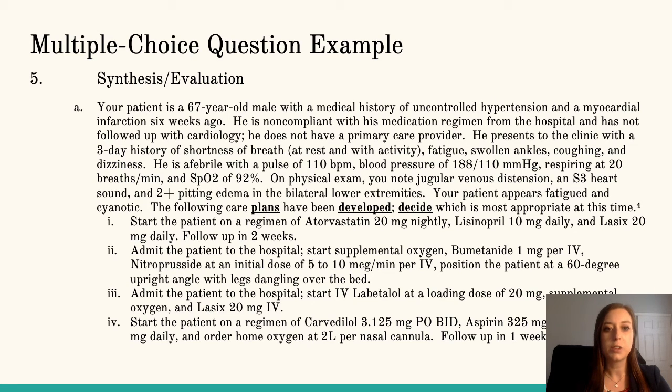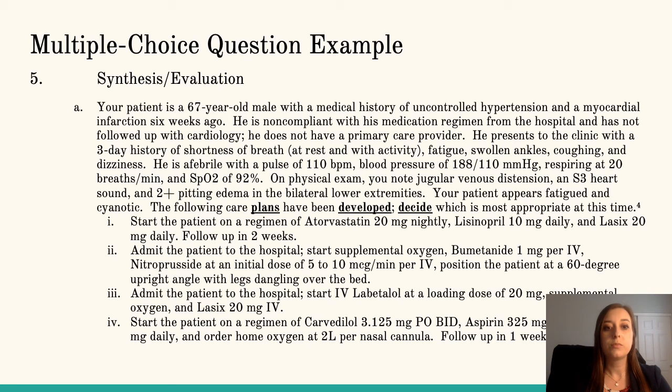He does not have a primary care provider. He presents to the clinic with a 3-day history of shortness of breath, at rest and with activity, fatigue, swollen ankles, coughing, and dizziness. He is afebrile with a pulse of 110 beats per minute, blood pressure of 188 over 110 millimeters of mercury, respiring at 20 breaths a minute, and his SpO2 is 92%.